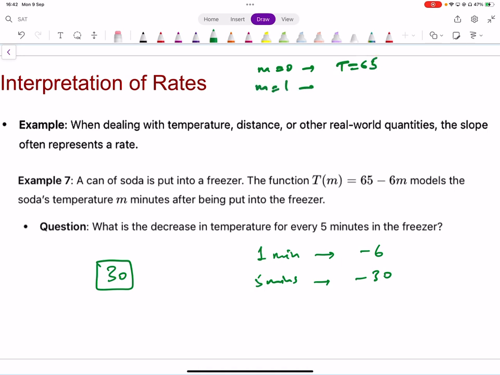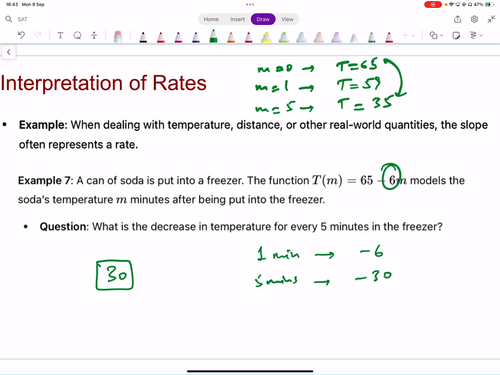M equals 1 gives you T equal to 59. M equals 5 gives you T equal to 35. So in 5 minutes, it basically goes down by 30 units. 65 is the starting value. 6 represents the rate at which it is decreasing.